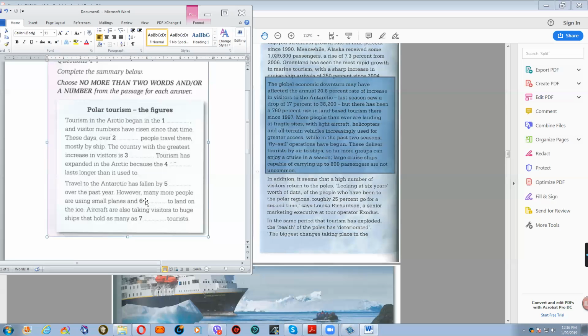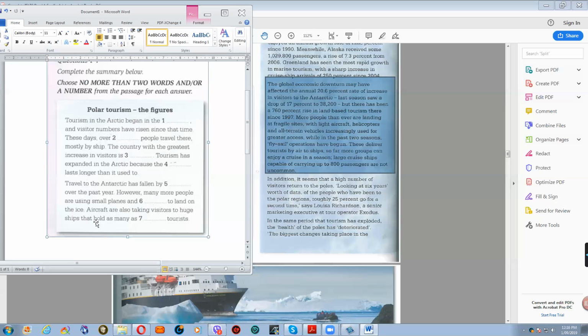However, many people are using small planes and what? Helicopters.